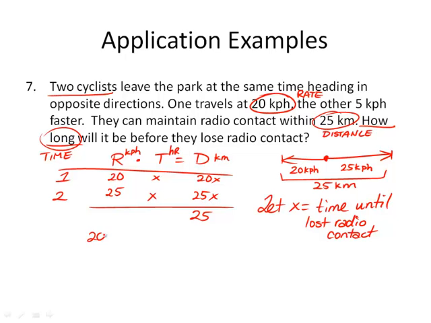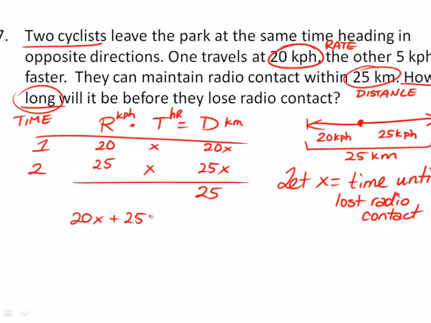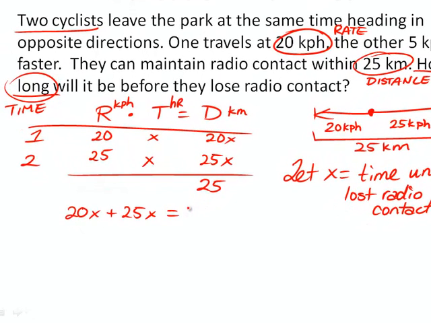So if we add their distances, we want to force the equation to say that their total distance will be 25. So let's solve this. We get 45x is equal to 25. Divide by 45 on both sides, you get x is equal to 25 over 45.